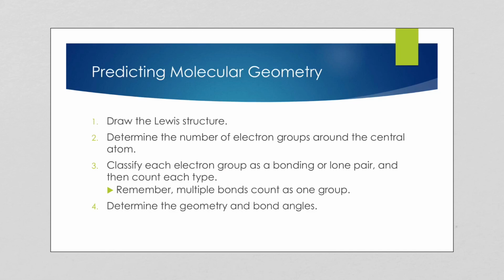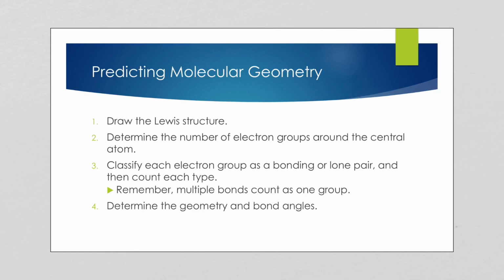So let's summarize how we pick this up. We're going to start off by drawing the Lewis structure. We're going to determine the number of electron groups around the central atom. That's going to determine what our base geometry is. From there, we're going to decide if they have bonds or lone pairs.